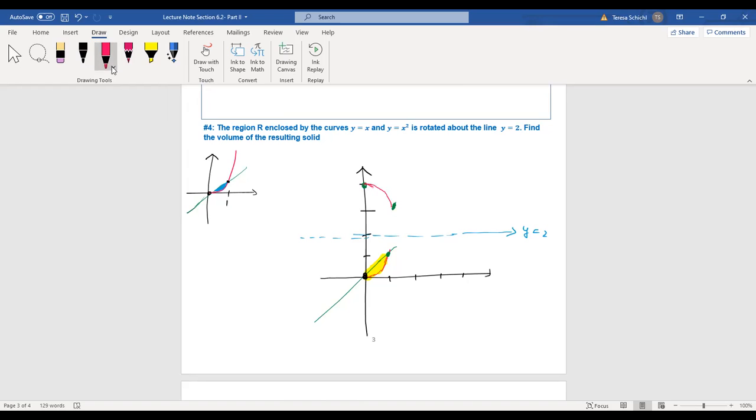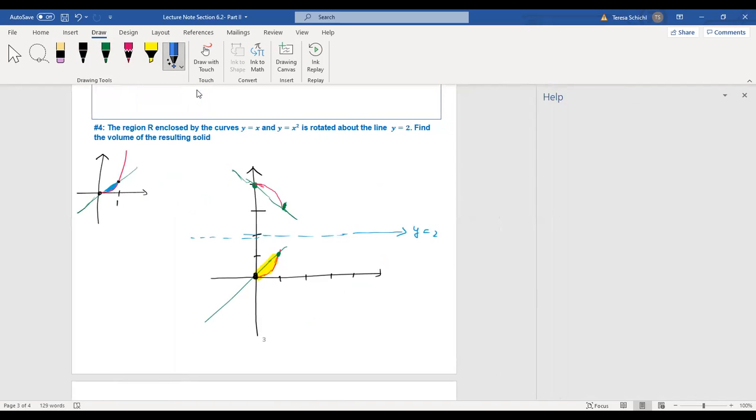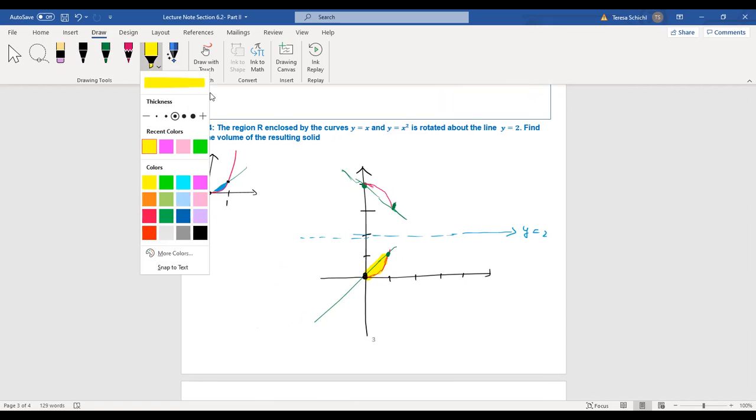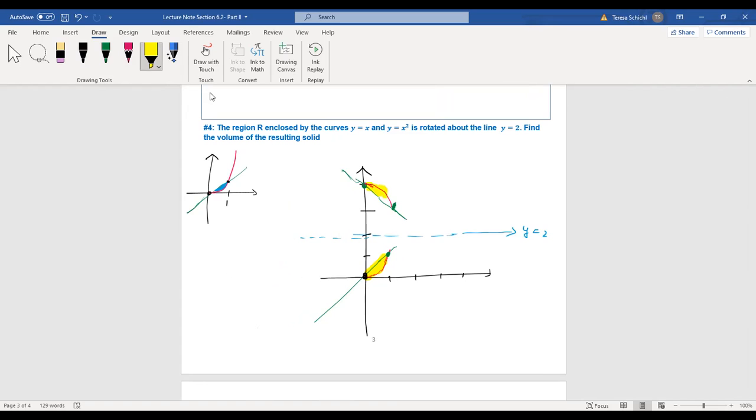This is my new rotation, and this is my area. The yellow will be the volume generated by these regions. After we do that, the problem gets easier.